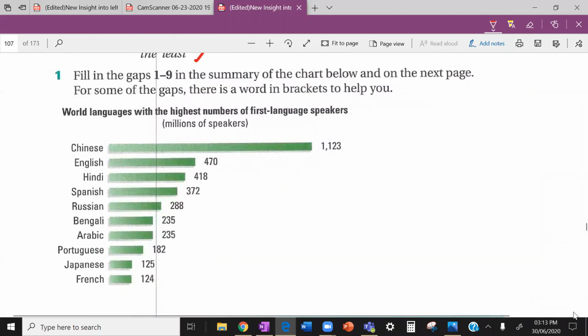I want you to look at it for a minute and try to understand and tell me one or two sentences explaining what this bar chart is about. And also tell me what kind of tense you will use when you are explaining. Will you use simple present, past or future? How are you going to explain?